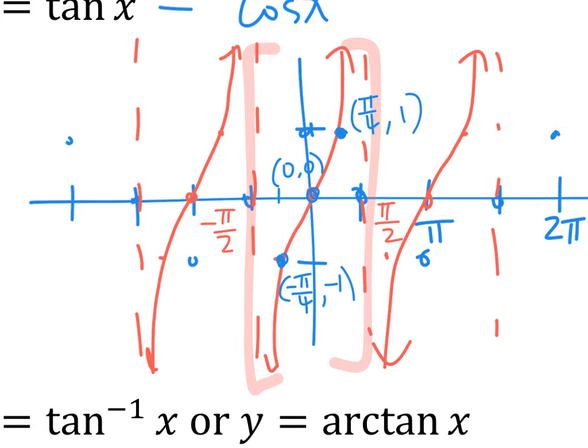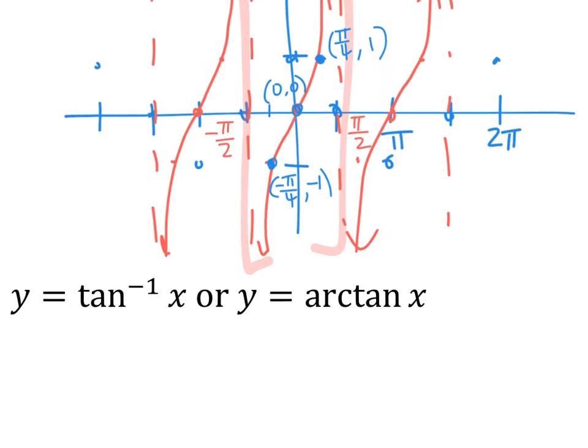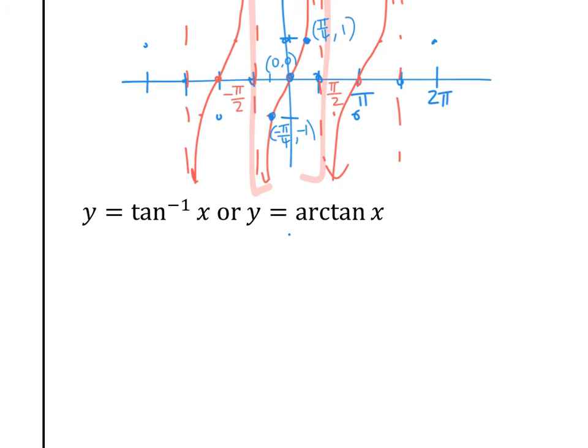Okay, so now we're going to graph the inverse function. We're going to have to switch x and y on everything. The x and y coordinates switch, and our axes are also going to switch. So we're going to look at the inverse tangent.